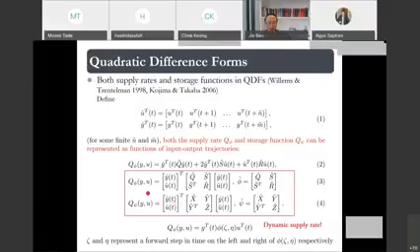Okay, so in that case, if we put them together, we can write the supply rate, we call it Phi because it's in quadratic form, in this form, equation number 3, which is called the quadratic difference form, QDF. And we can do the same thing for the storage function as well.